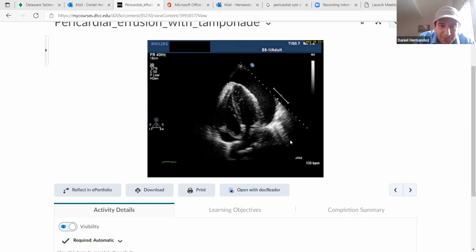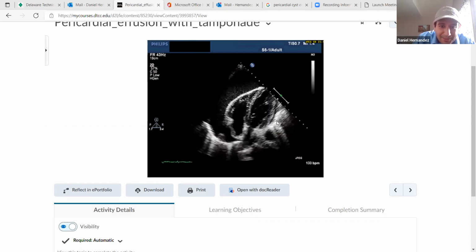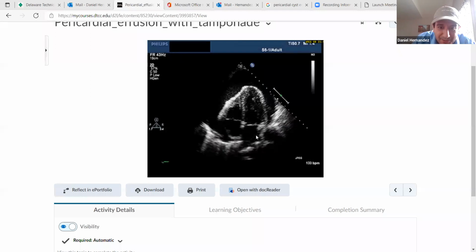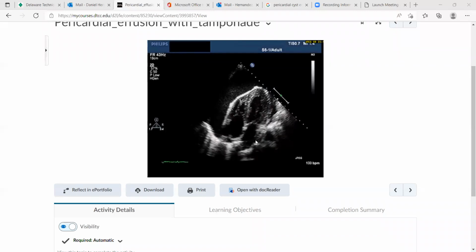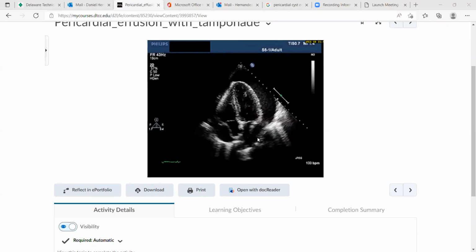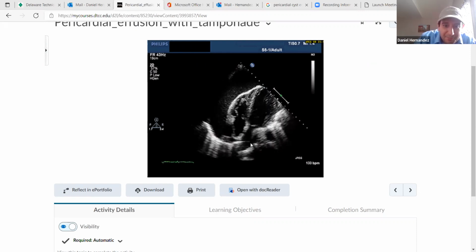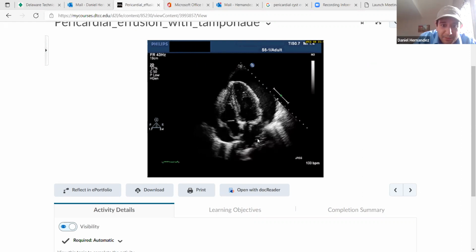It says his pulse is 133. Oh, wait, you said the left atrium or left ventricle? The left atrium. So yeah, we may be having some collapse of the left atrium as well.